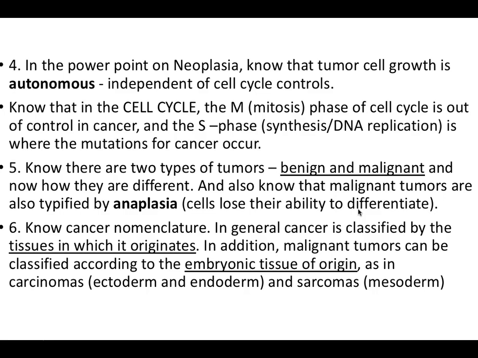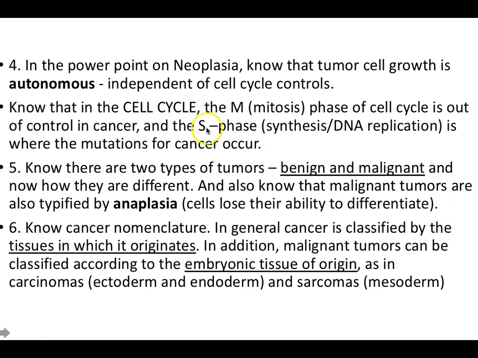So if it was a cell that was involved in peristalsis, for example, where the food was moving down the esophagus, then the cells that are neoplastic are not going to function and be able to do peristalsis. So that's their loss of their ability to differentiate and do a specific job.